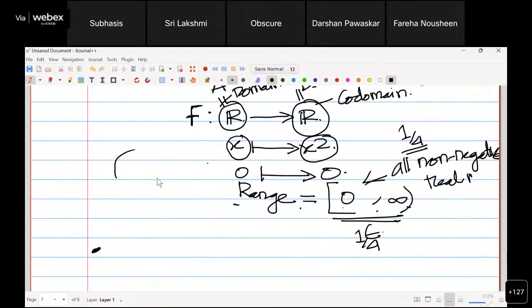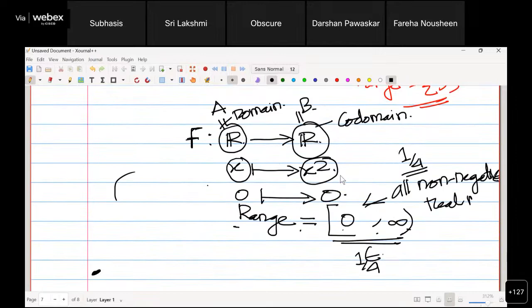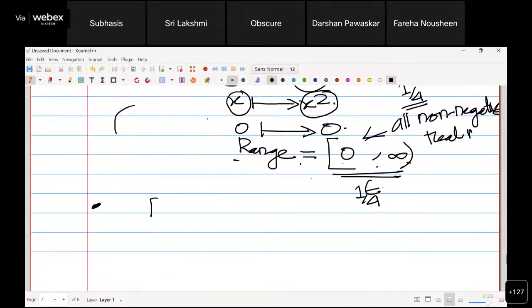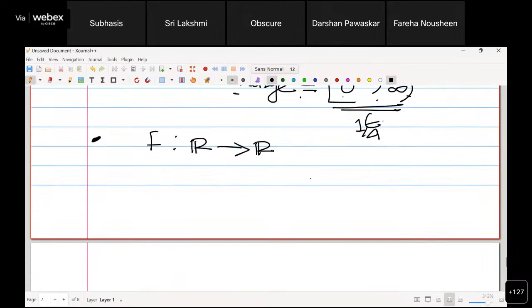So this is the range of this function. Okay. So now let me take this example. R to R. Let's say x goes to x. What will be the range of this function?